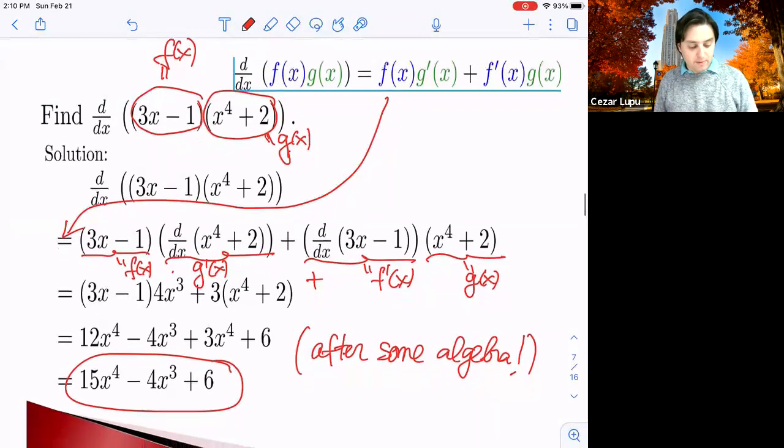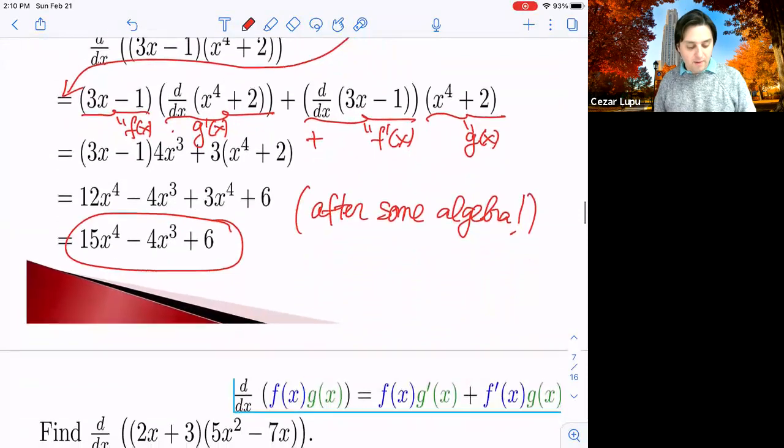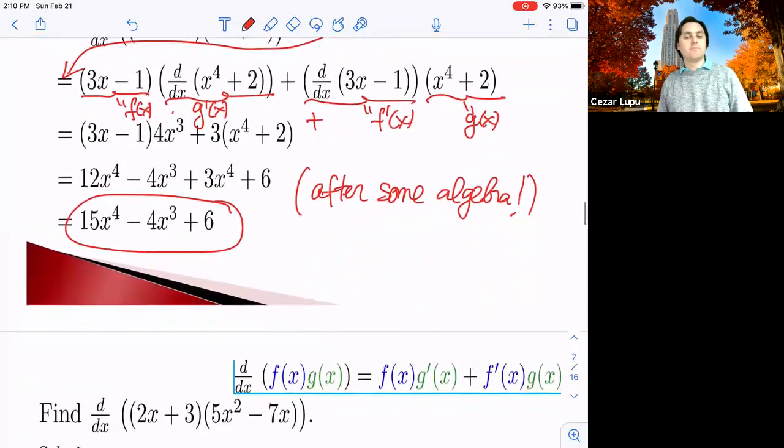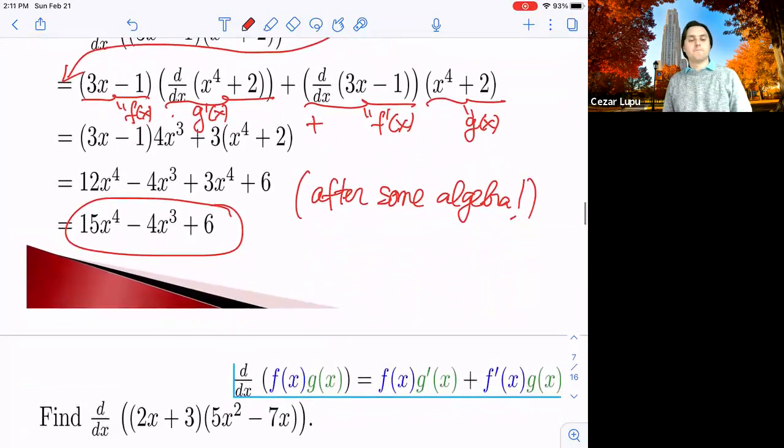Let's see more examples. I want you to look at this guy here. Again, the same thing. So what do you think? So you will have that here. In this case, again, you'll have the product of two functions.